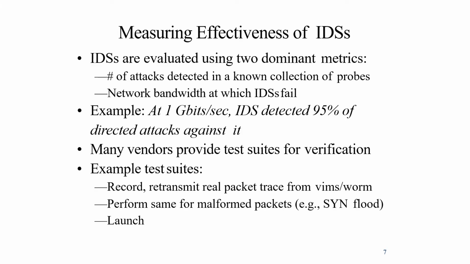Measuring effectiveness of IDS. IDS are evaluated using two dominant metrics: the number of attacks detected in a known collection of probes, and the network bandwidth at which the IDS fails. Example: at 1 gigabit per second, the IDS detected 95% of attacks against it.